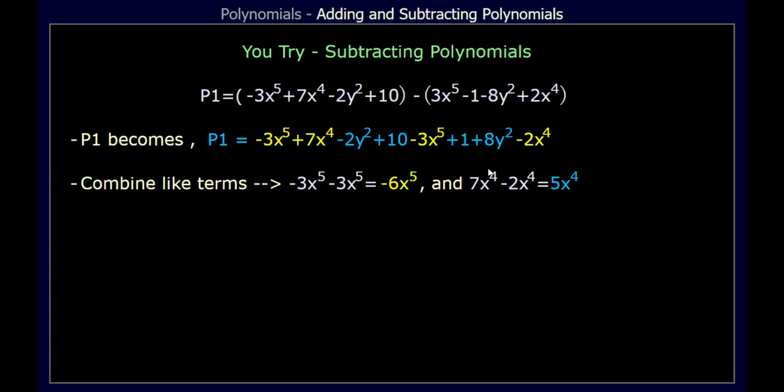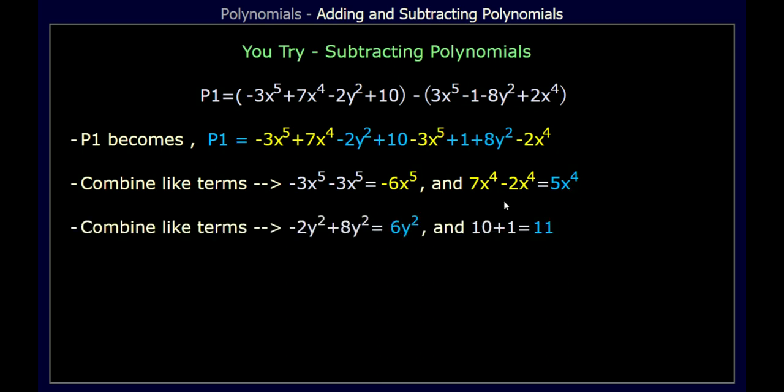What about x to the 4th? I have 7 minus 2 is 5. What about the y squared? Let's see, what do I got here? I got 2y squared, and I got 8. Negative 2 plus 8, that's a positive 6. Same thing as 8 minus 2. And then I have a 10 plus 1, that's 11.